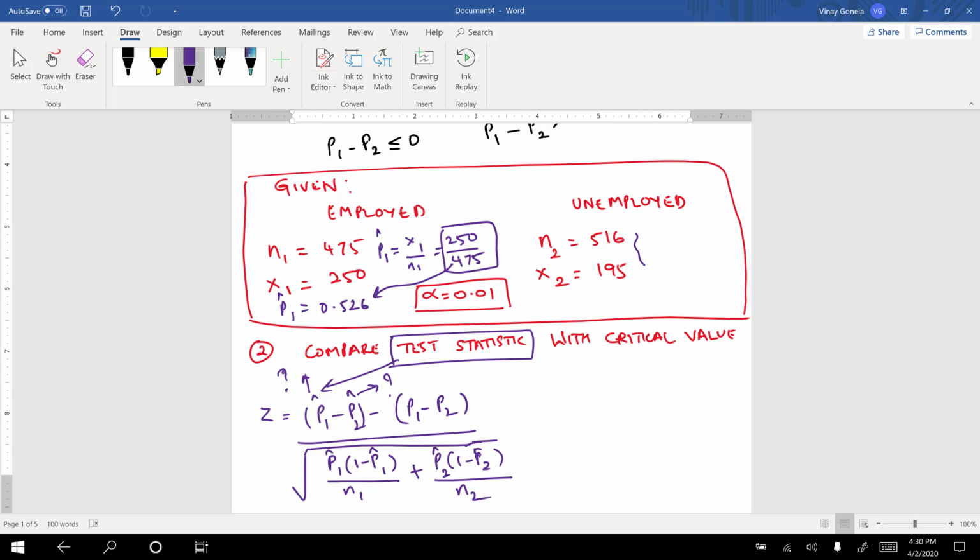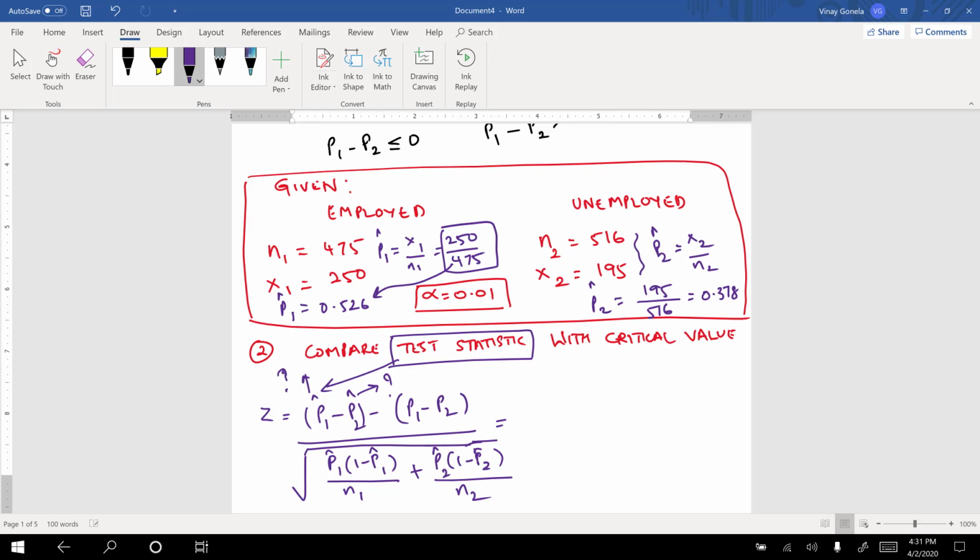Same here, p2 hat would be x2 over n2, which is 195 over 516. So that would give us 0.378. So we got those values.